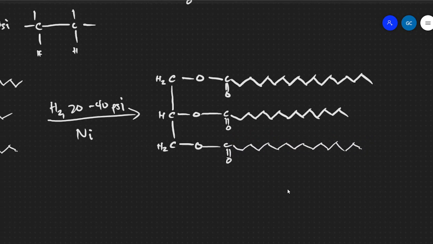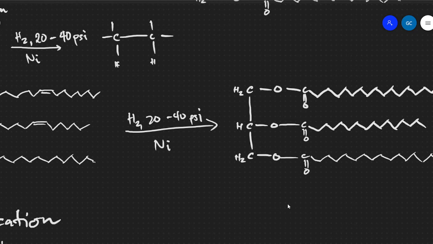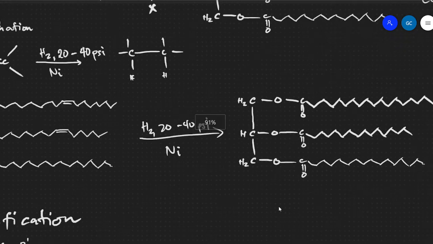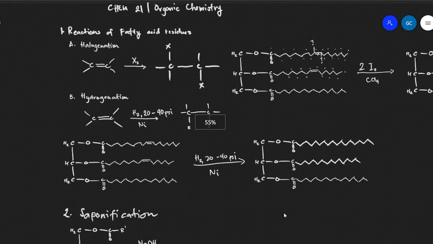So, in that note, kailangan lang tandaan class na whenever we are dealing with reactions of fatty acid residues, yung halogenation at hydrogenation natin ay nangyayari lang dun sa ating mga fatty acids na unsaturated.